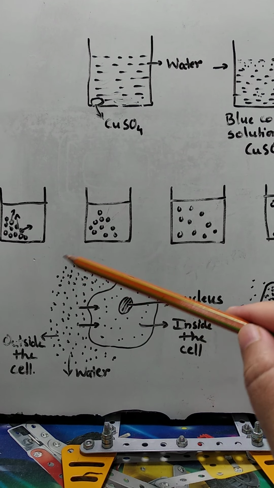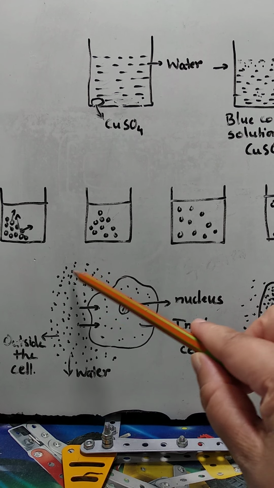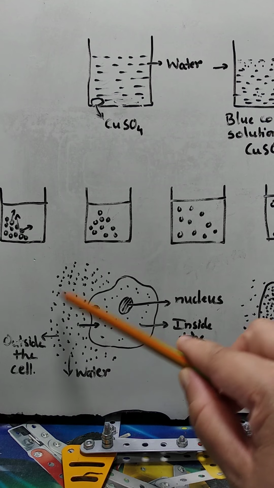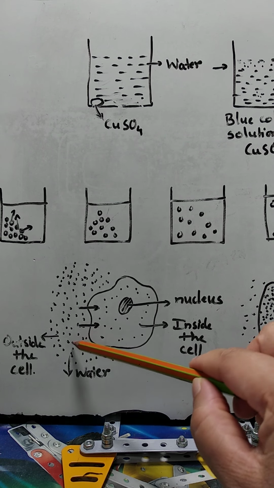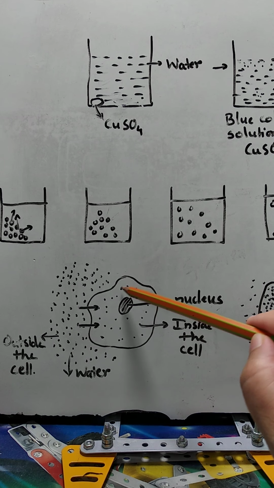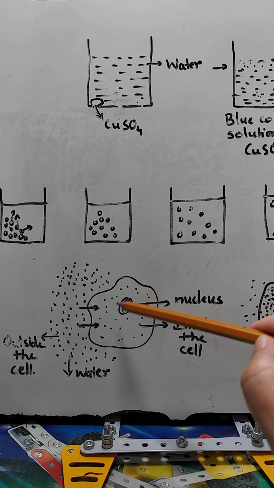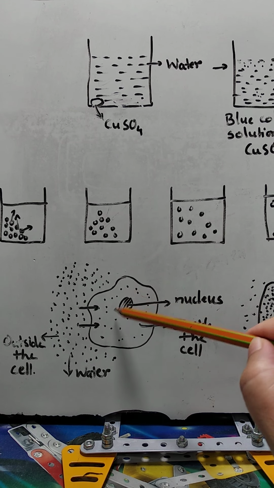So suppose, for example, in the external environment we can see a lot of water particles crowded over here, right? So the concentration of water particles is more in the external environment, whereas inside the cell, as compared to the external environment, the number of water particles is less.